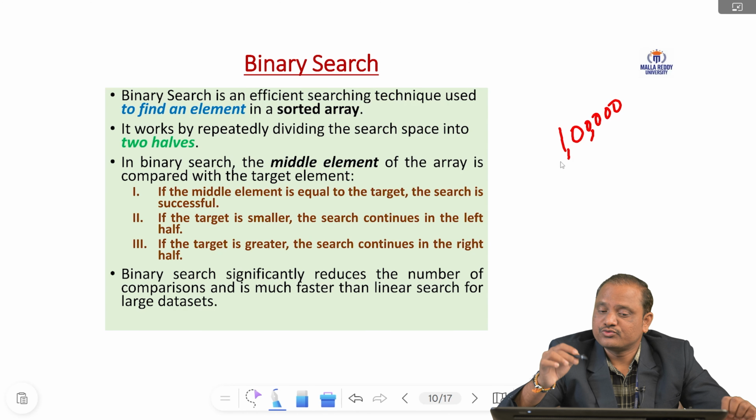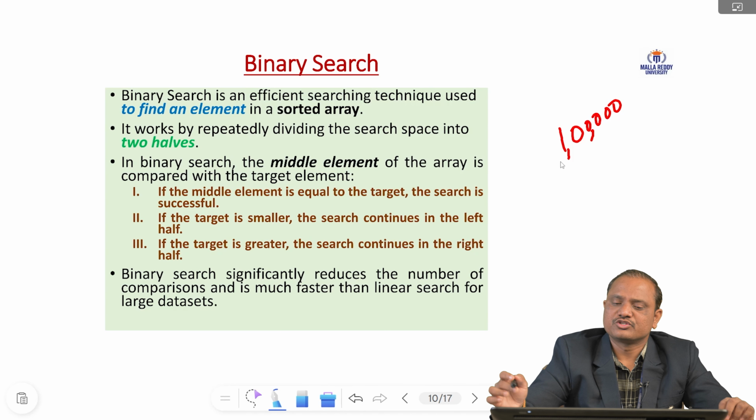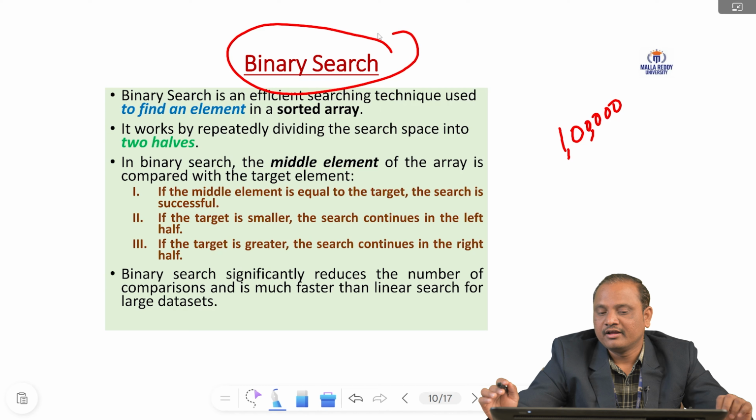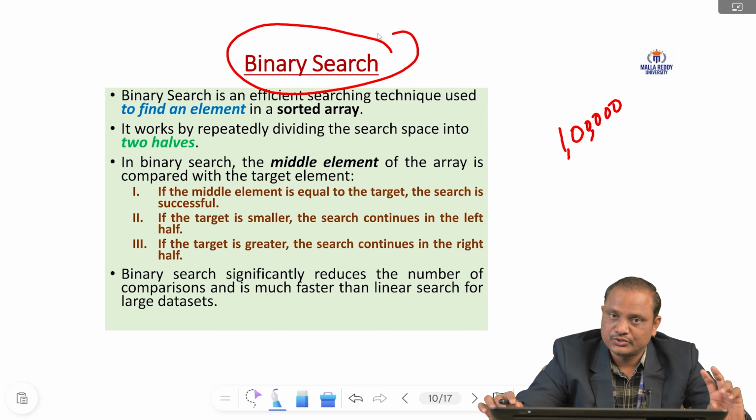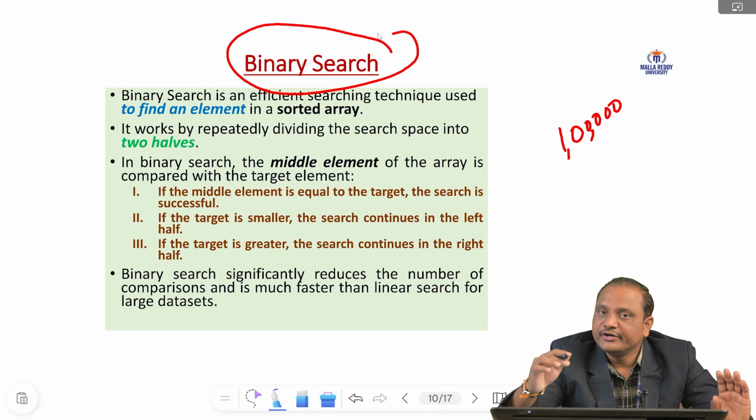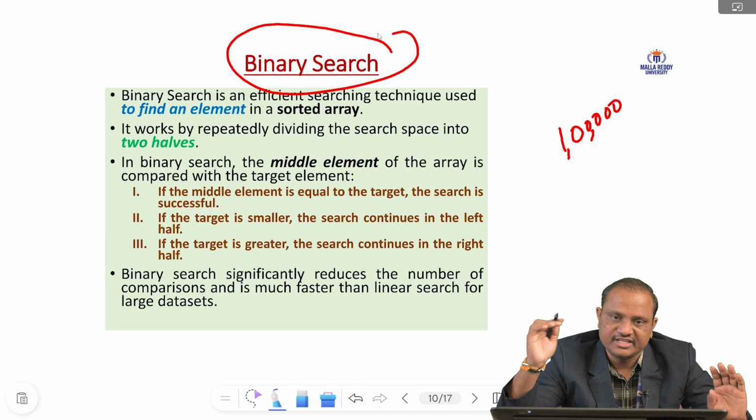That's why next we are moving into binary search, just to reduce the time complexity. In the name itself we can see binary search, binary means 2, that means the array will be divided into 2 in each and every step.